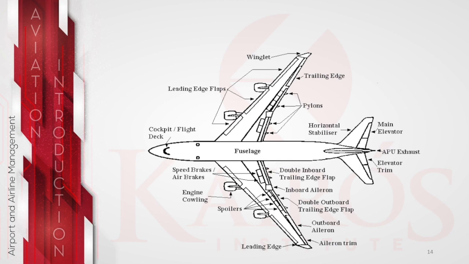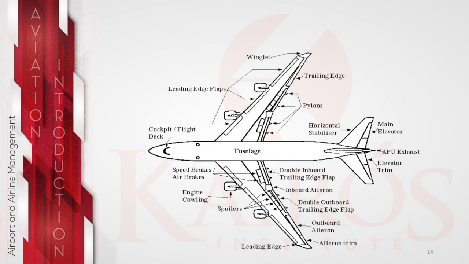The fuselage is an aircraft's main body section that accommodates the crew and the passengers on the main deck and the passengers' baggage, cargo, and post office mail in the lower deck.